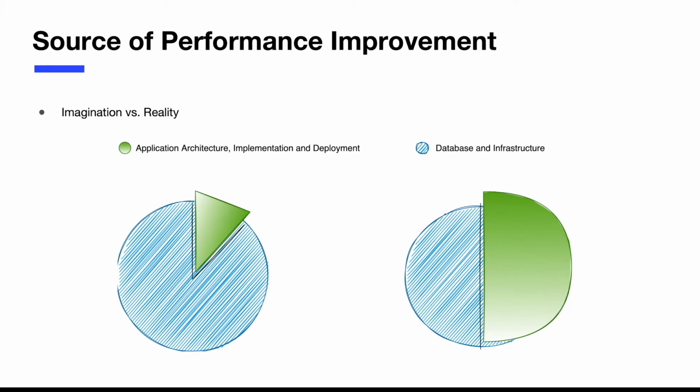And just a little effort should be spent on application architecture, implementation, and deployment. However, to our surprise, we found it's 50-50. The time you spend on choosing the right application architecture and the right way to implement and deploy your application is as important as the time you spend on tuning the database and infrastructure.